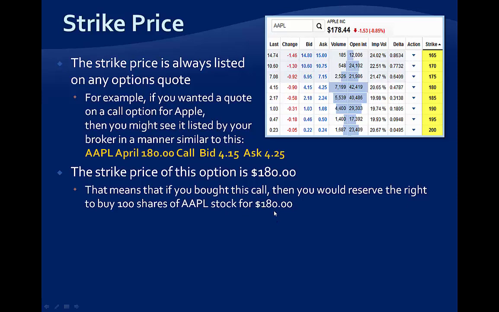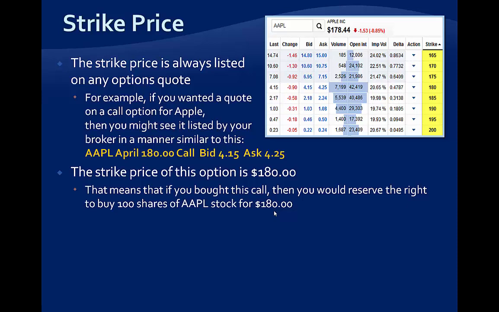The answer, of course, is no. When you buy an option, you have the right but not the obligation. So we want to buy it at 180 only if the stock goes well above that. You can kind of think of it as bragging rights. It's not really anything you can boast over that you can buy the stock at 180 if people can buy it for less than that in the open market right now.